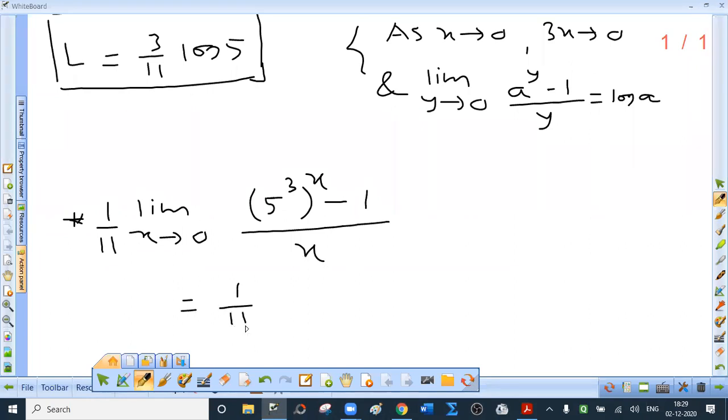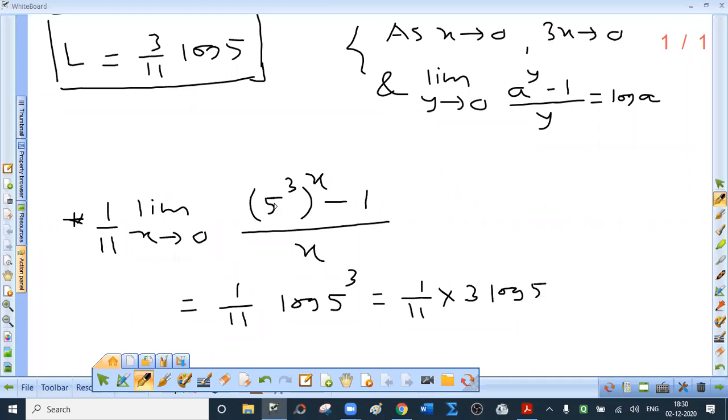Now can I say the value of this limit is log of 5 cube? Yes, I can, because can 5 cube be a? Yes, 125, 5 cube. It is constant, greater than 0, not equal to 1. Now use laws of logarithm to get 3 log 5. So this is also correct. You get the same answer, right?